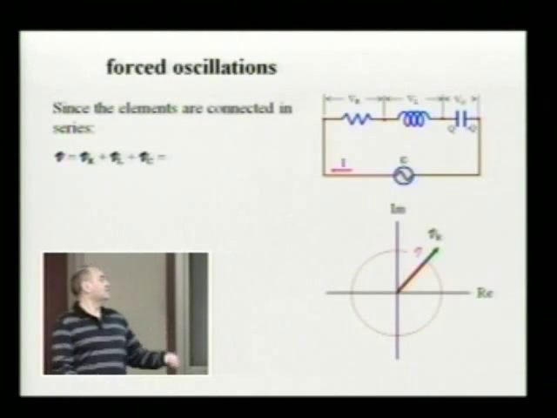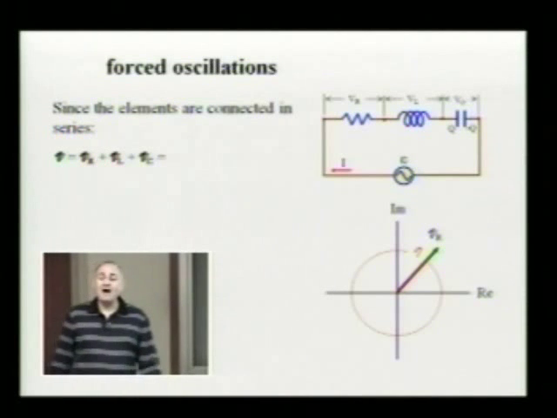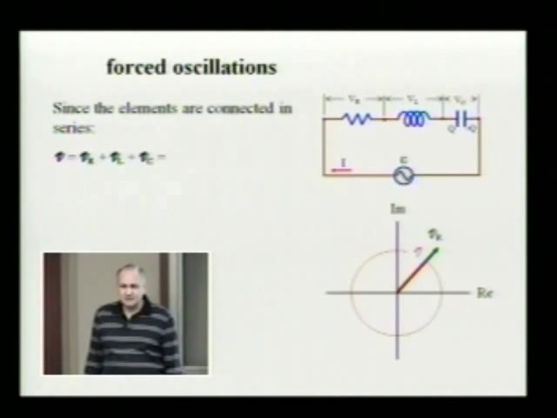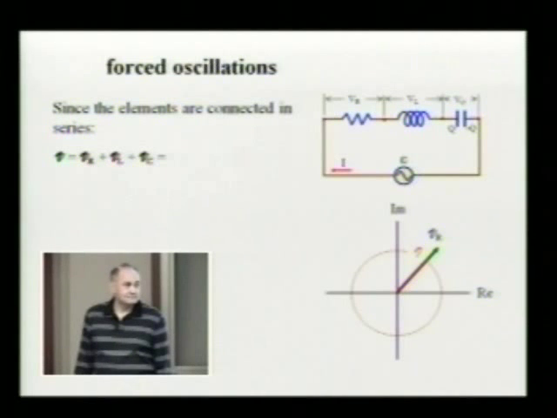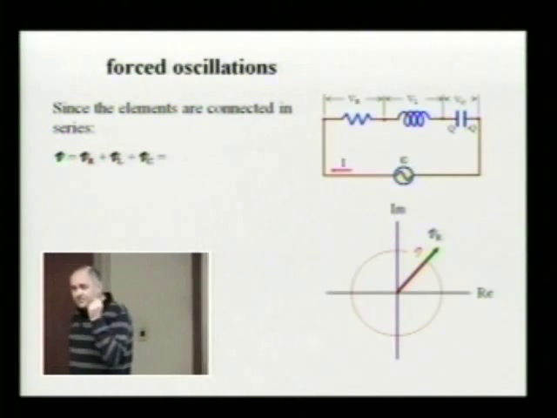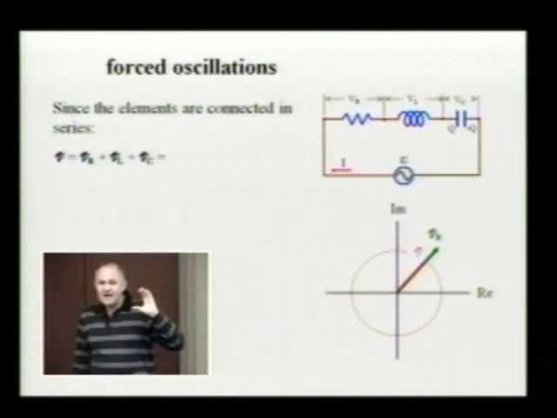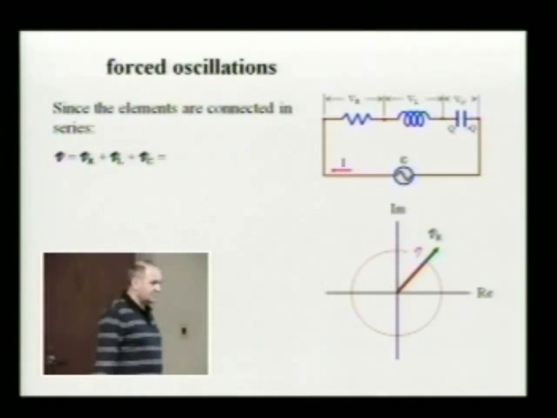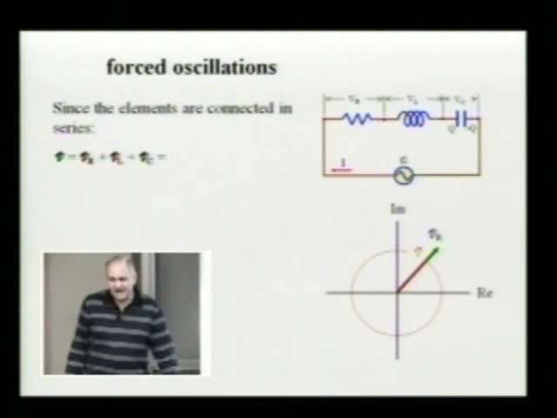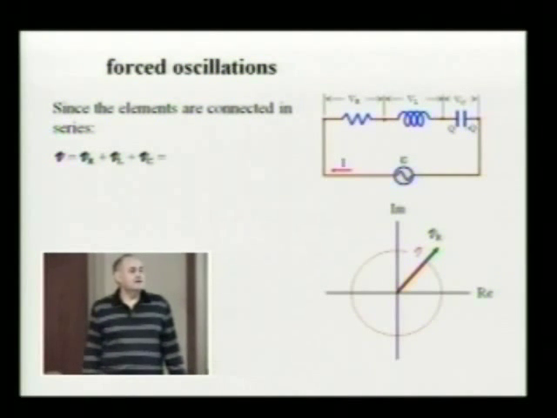Kyle, do you remember what leads what in an inductor? Well, I know that the phase of the inductor is 90 degrees ahead. Yes, the phase angle of an inductor is 90 degrees. All right, which means that what leads what?